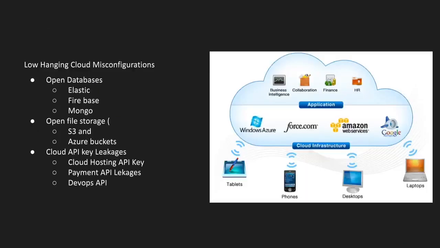So before we go into the cloud misconfiguration attacks, let me quickly give you an introduction to the cloud architecture at this point in time. Primarily we have two different workloads running. One is the cloud infrastructure and then applications which are running on top of it.